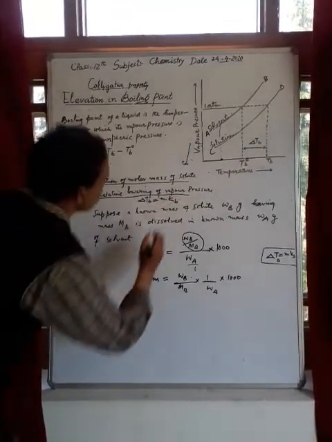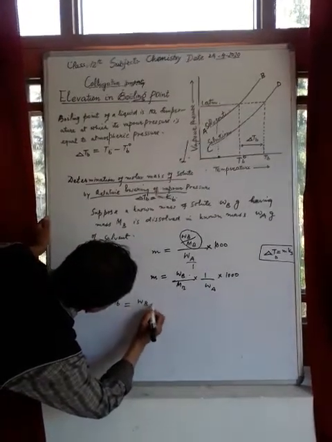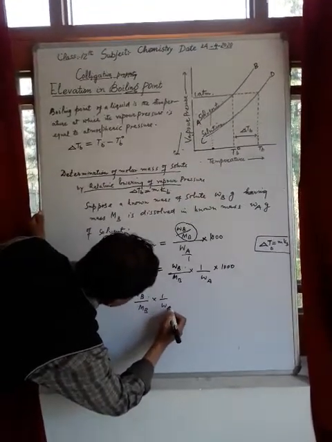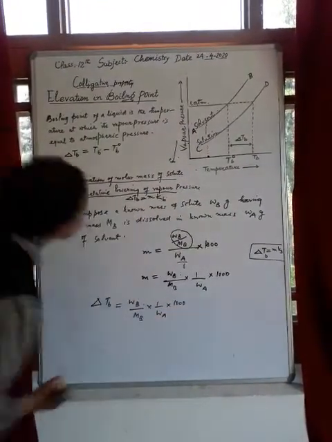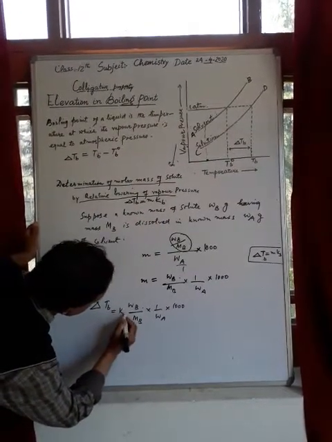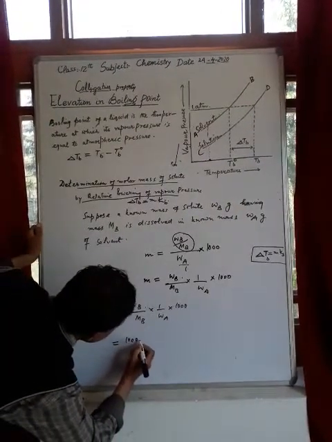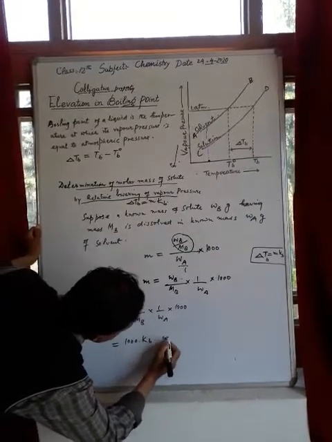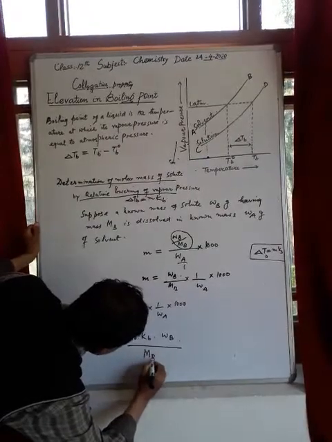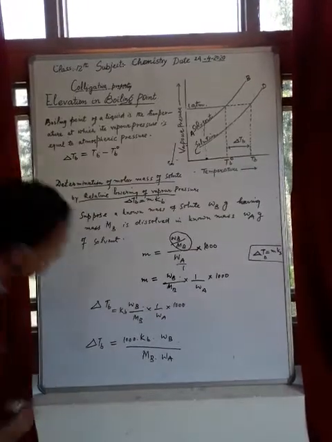So this equation will become del TB is equal to WB by MB into 1 by WA into 1000 into Kb. Or we can write 1000 Kb into WB whole divided by MB into WA is equal to del TB.